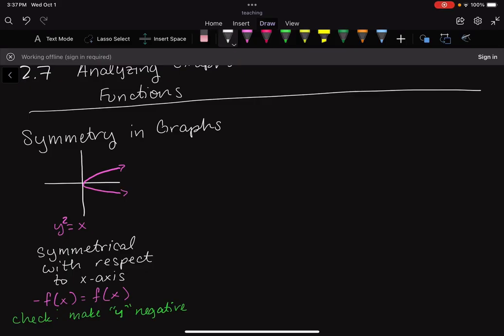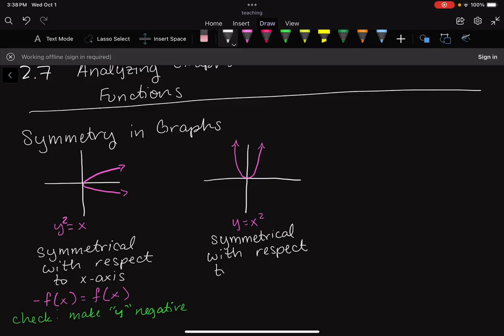Then we have symmetry about the y-axis, and that's the type that we see for regular parabolas, like y equals x squared. So this is symmetrical with respect to the y-axis. So you see, if we split it right down the middle on the y-axis, it looks the same on each side.